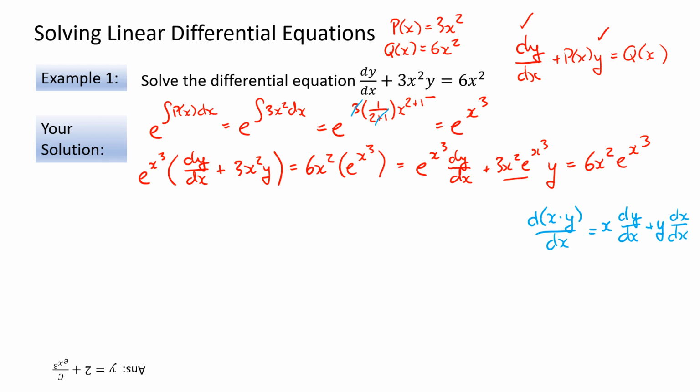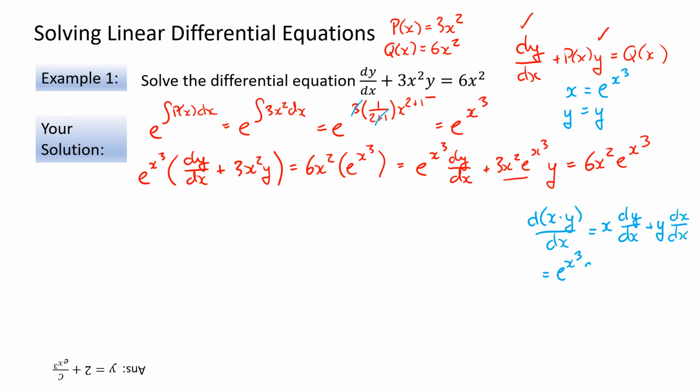So if we applied that rule here, and we used what I told you, where x, the first function, is that integrating factor, e to the x cubed, and the second, y, is simply y, you'll notice that it's going to be the case. If we do the product rule on this, we have the first function, which is e to the x cubed, times the derivative of the second function.